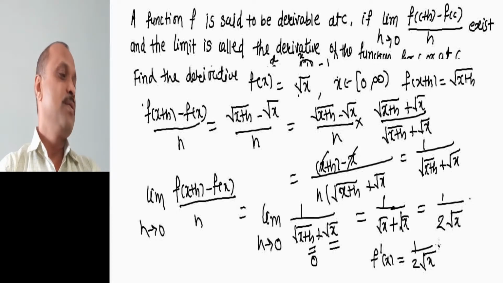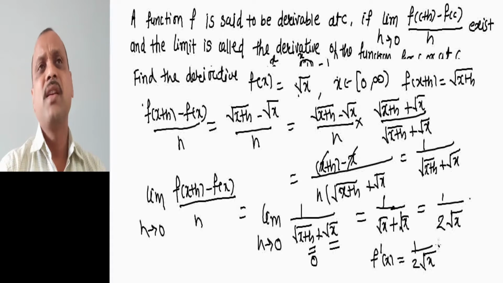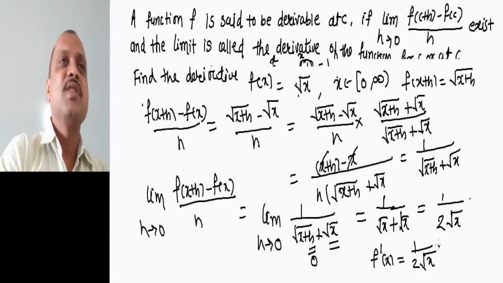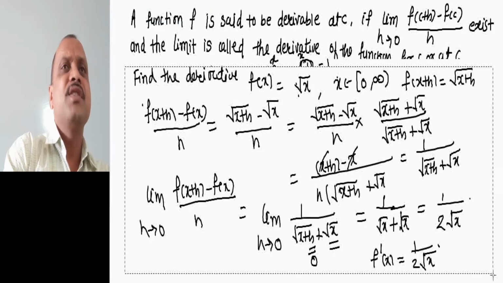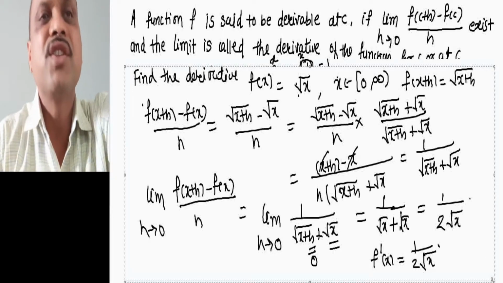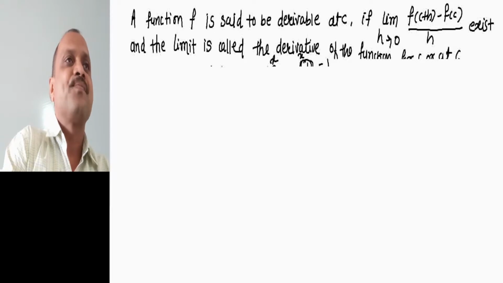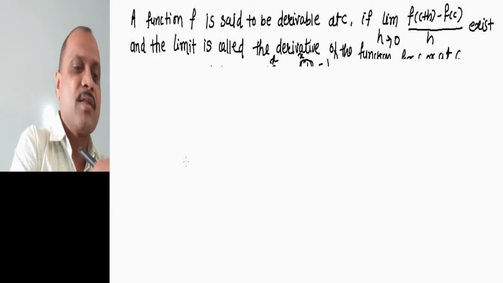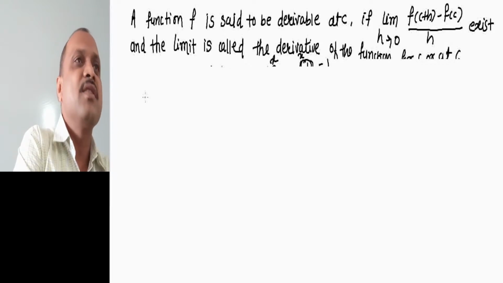Okay, so instead of this we have another notation for this definition. Let us see the notation of this definition. Instead of x plus h we can use delta. Suppose my function y is equal to f of x.